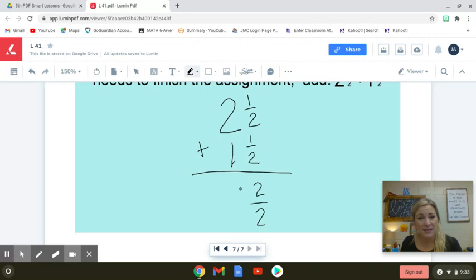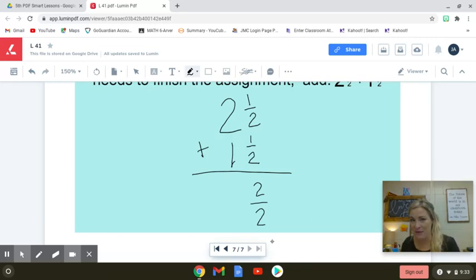Any fraction where the numerator and denominator are the same exact number, that fraction is worth 1. So I know that 2 over 2 is the same thing as 1. I'm not going to fix that quite yet, but I'm just going to remember that before my answer is complete, I need to switch that.